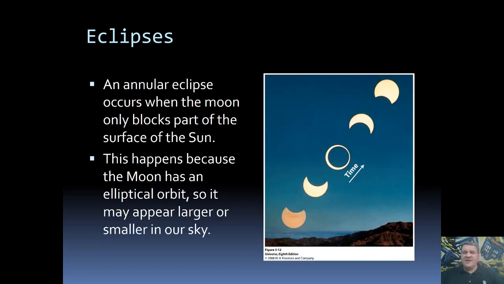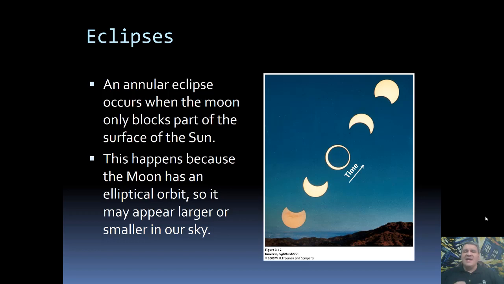Another of our types of solar eclipse are the annular eclipse. An annular eclipse occurs when the moon crosses in front of the sun, but it doesn't completely block the surface of the sun. Now this happens because the moon is on an elliptical orbit around the Earth.